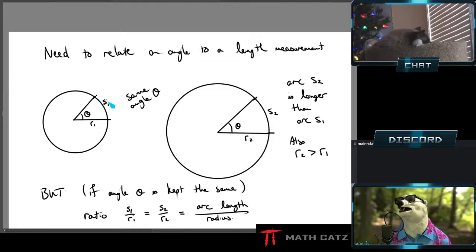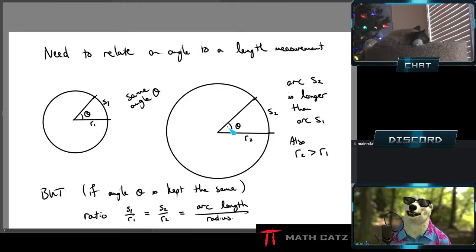So even though an individual length doesn't directly correspond to an angle, this ratio does. So once people realize this, they say, well, we could refer to this angle not by degrees, but by this ratio, because this ratio is independent of the circle size, only dependent on the angle in this little wedge.